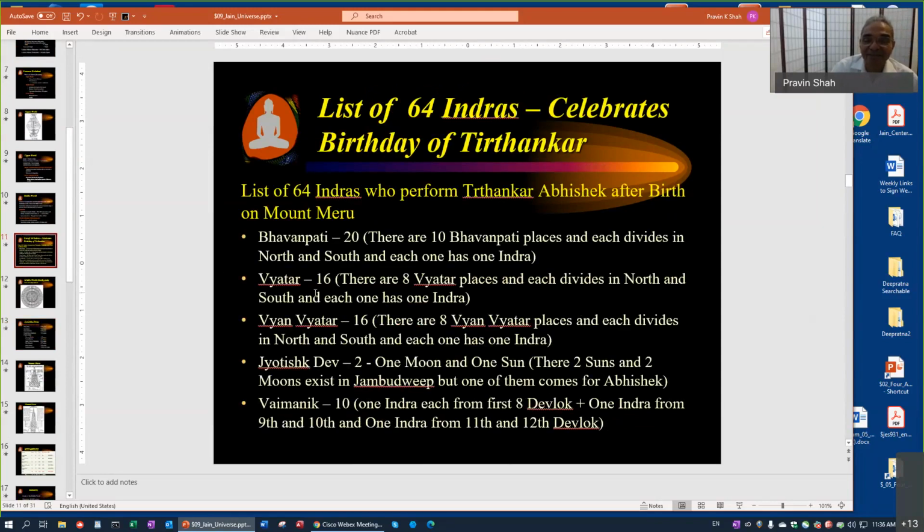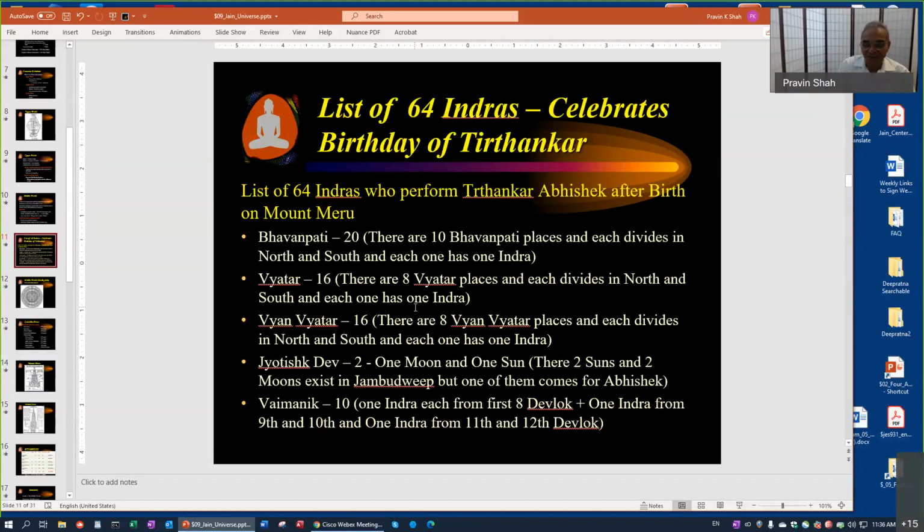There are 20 Bhavanpati Devs, and 16 Vyantar Devs come, and the Vyantars have 8 Vyantar places. Each divides into north and south, and each one has one Indra. So Bhavanpati is the lowest quality from a spiritual point of view. Then the Vyantar is a little better than them.